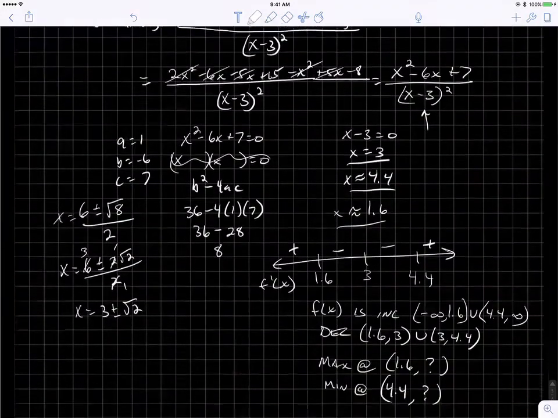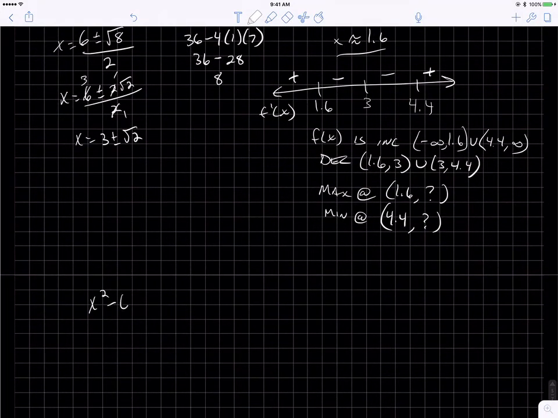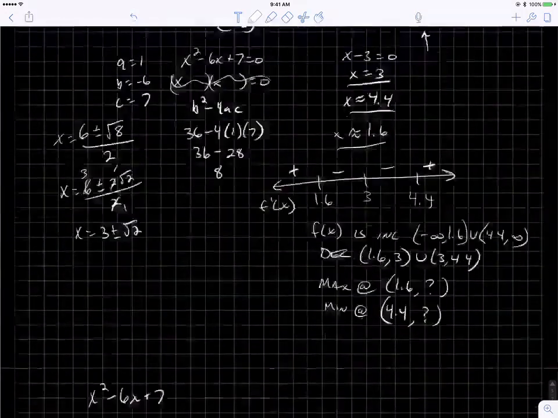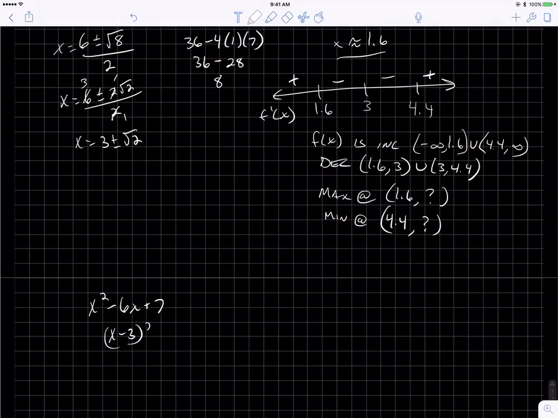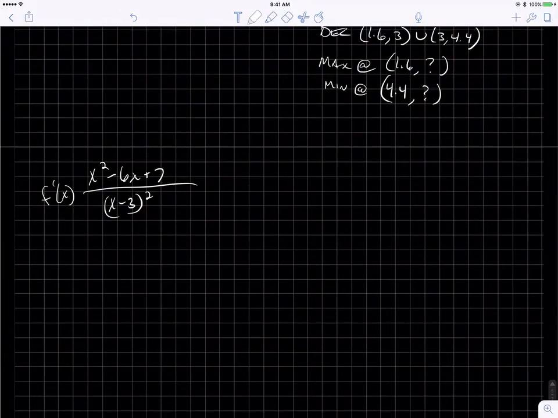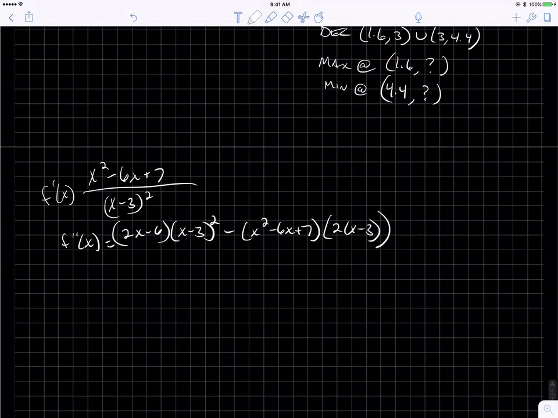Our derivative is x squared minus 6x plus 7 over x minus 3 squared. So for our second derivative, we've got f prime times g minus f times g prime. So, 2x minus 6 times x minus 3 squared.